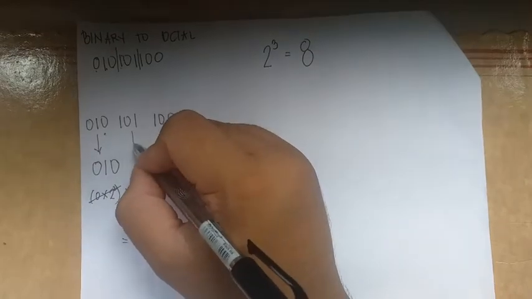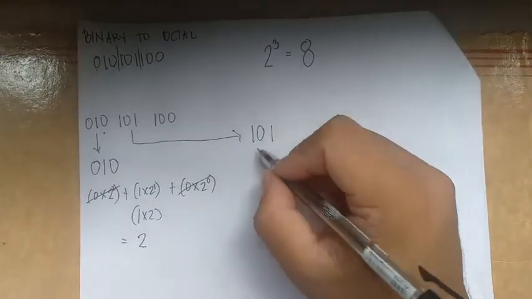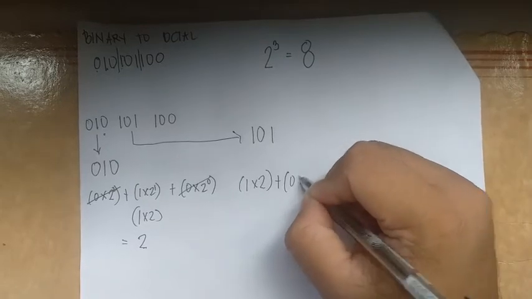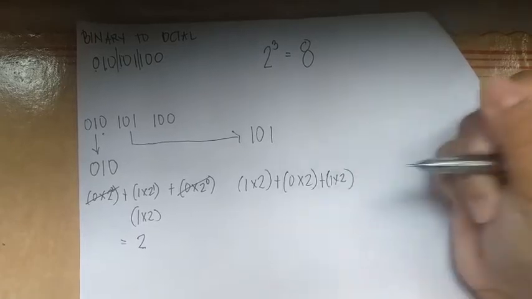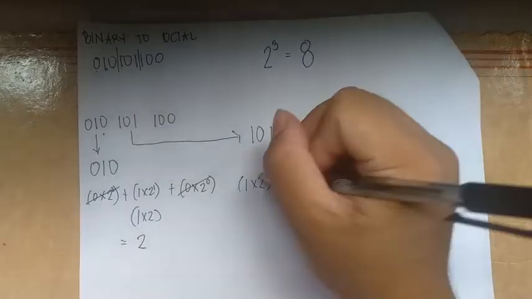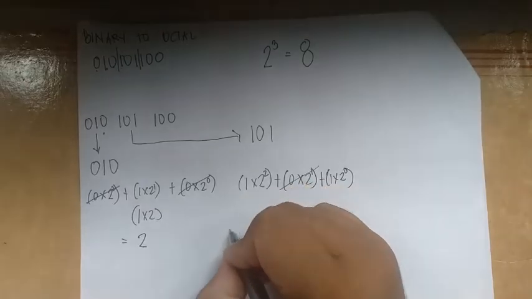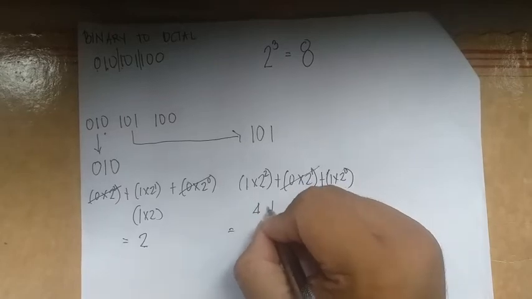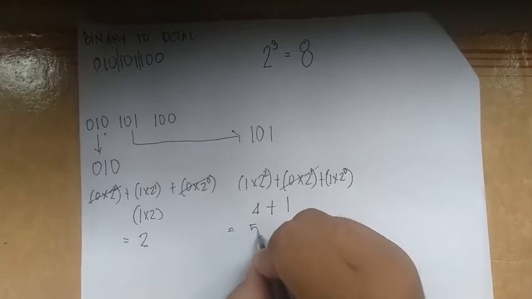Next is ang aton nga 1, 0, 1. Ang mamanggyapan ng aton himuon, 1 times 2 plus 0 times 2 plus 1 times 2. Assign naman taliwat exponent sa ilang multiplier from right to left, 0, 1, 2. Eliminate ang may 0. Then, ang aton nga 1 times 2 to the power of 2 is 4 plus 1 times 2 to the power of 0 is 1, which is equal to 5.